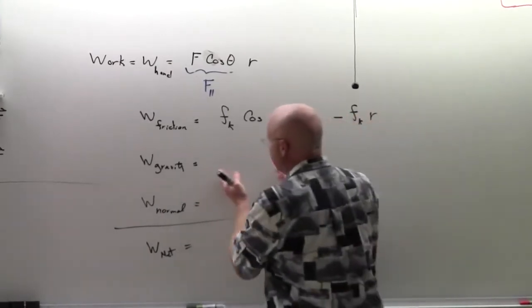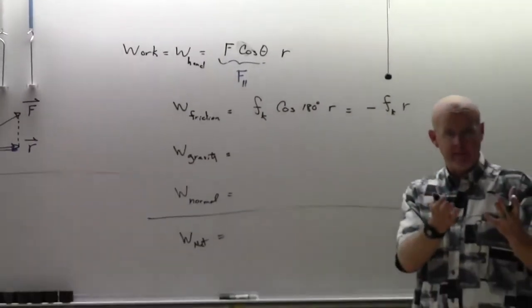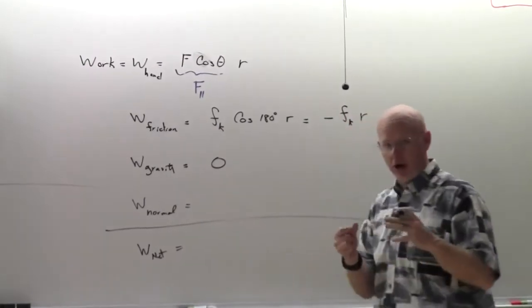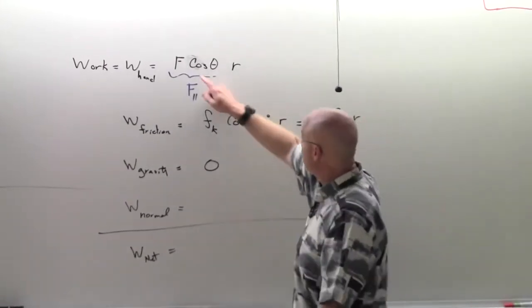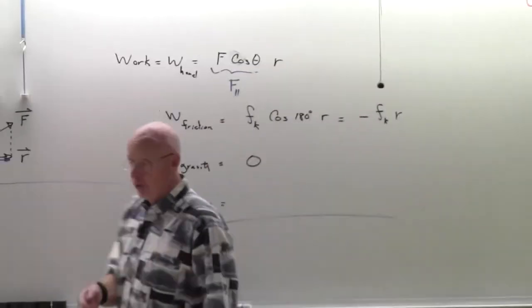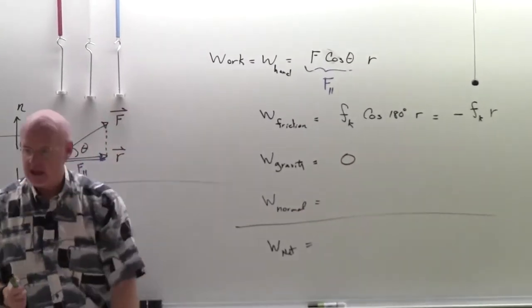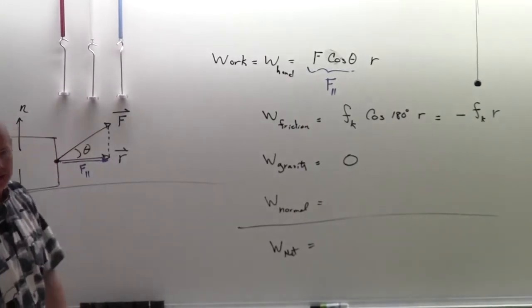How much work is done by gravity? 0. Why? Cosine of 90 degrees. Yeah, using our newer approach than the Physics 102, I would say the angle here is 90 degrees. The object moves along the x-axis. Force of gravity is down. There's a 90-degree angle. Cosine of 90 is 0.